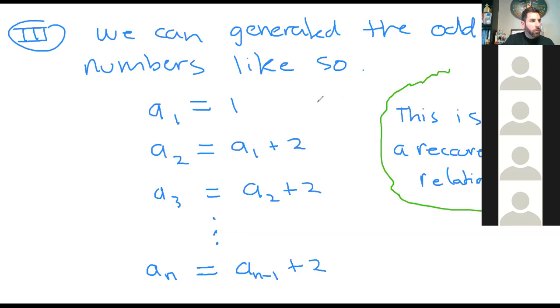So what is this equal to? This is equal to 1. What's this guy equal to? Well, this is 3. This guy is 5, etc. So that is one way to generate the odd numbers.